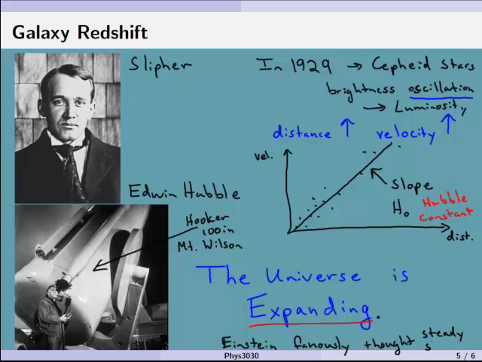So Einstein, who was a pretty smart guy, thought that the universe was static. It wasn't moving, right? And so he thought we were in a steady state, and he screwed up some equations because of this.